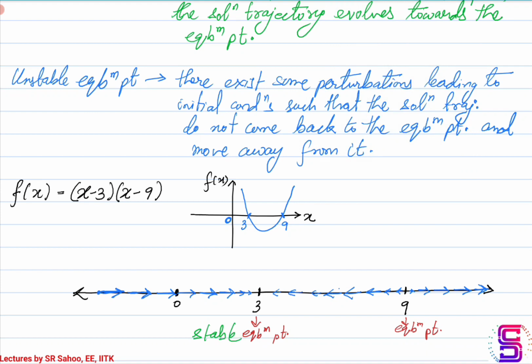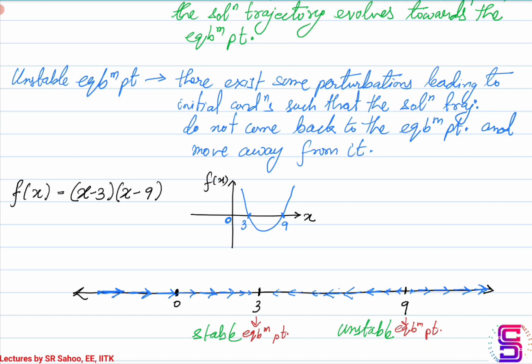Now observe the equilibrium point 9. If you are not on the equilibrium point 9 but slightly off from it, then the solution has a tendency of moving away from x equal to 9. In both the directions, not just one direction as you had seen in the first example, it actually moves away in both directions from x equal to 9, and hence this equilibrium point is classified as an unstable equilibrium point.